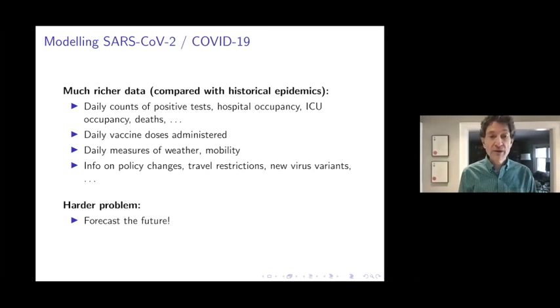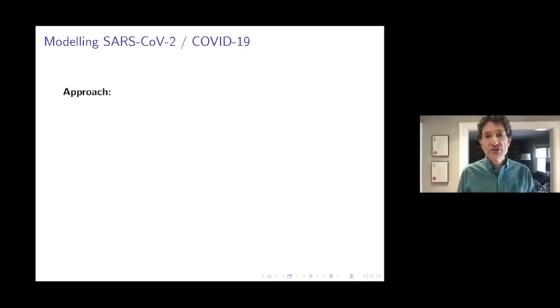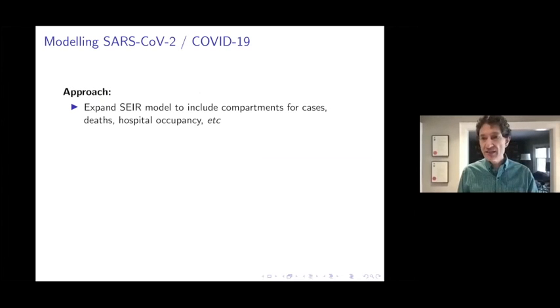So with all that information, we can do well with forecasts, but we have a much harder problem because we actually are trying to forecast, not just trying to understand data that we've collected from the past. Well, we do that by expanding that SEIR model to include more compartments for the types of data that we observe.